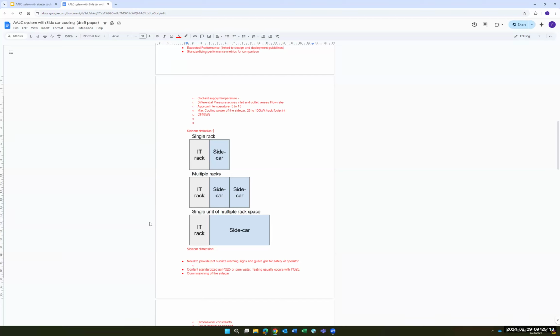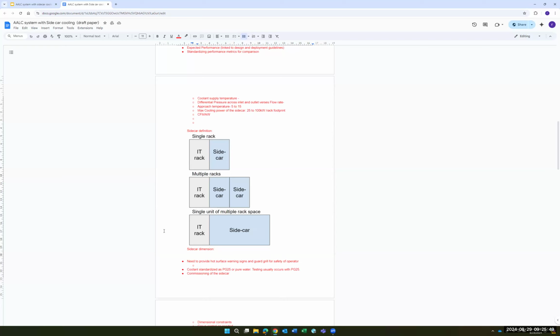But maybe on this particular image here, you could put some numbers in. So you could talk to some of the manufacturers and find out for your single rack one there, what's a typical cooling capacity. And then the multiple rack would be 2 times that. And then the wide one down at the bottom there would be some very large number. Yeah, I think we need someone who is doing that or who plans to do that to answer this.